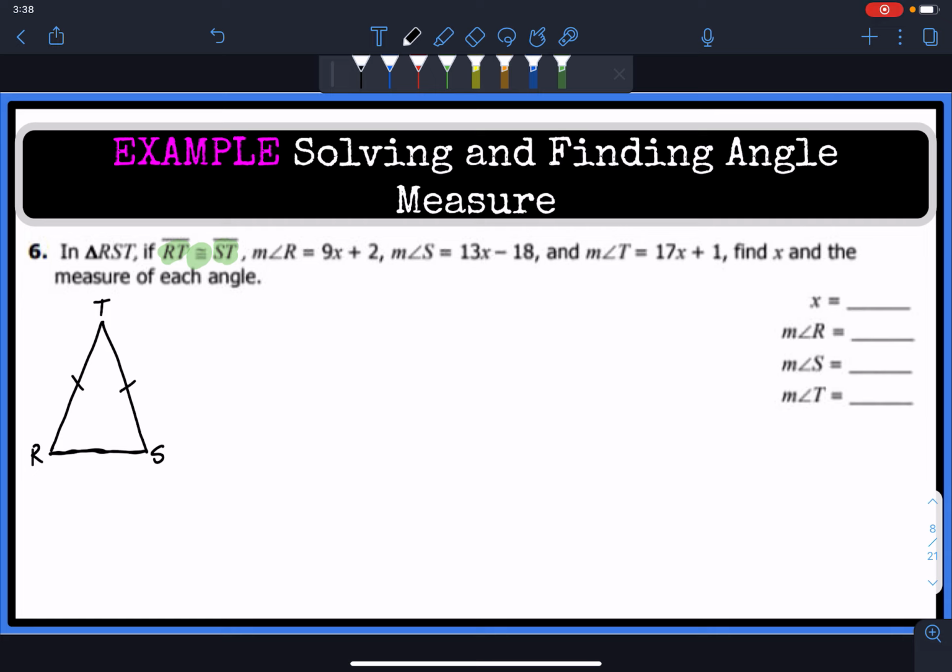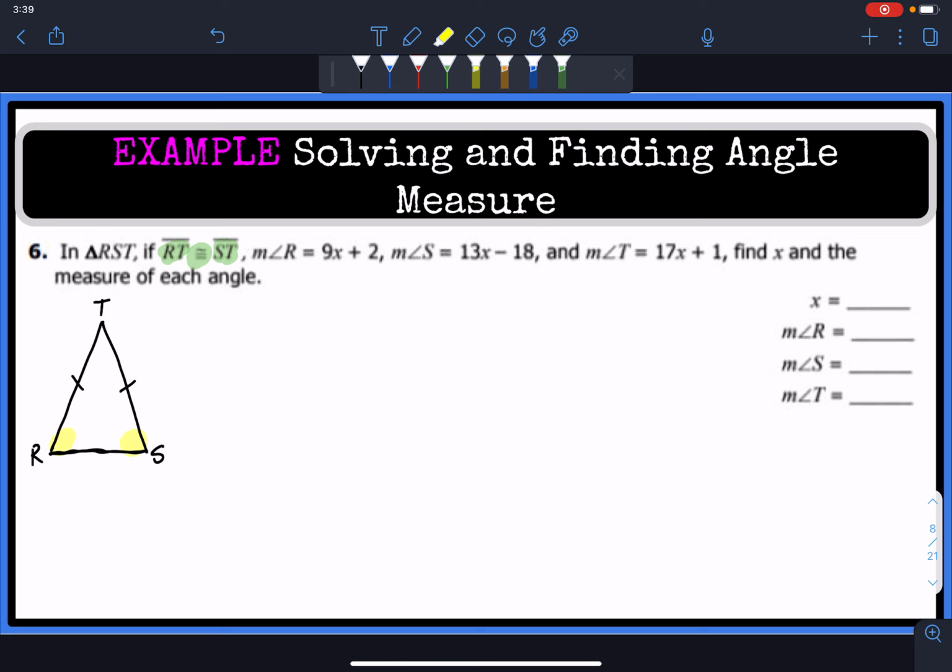So I'm going to put the T on the very top because I've made these two angles congruent. So T would have to go up there, so I could have this side, RT, and ST be the exact same size. Now, since those two sides are congruent, angle R and angle S are congruent.